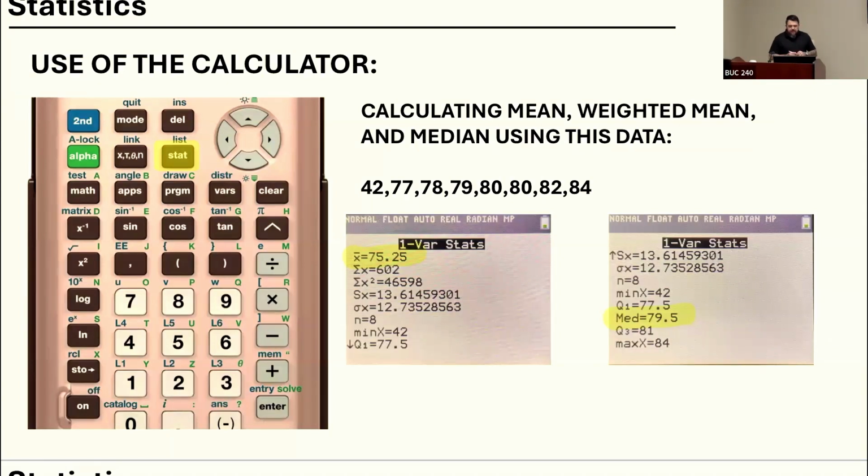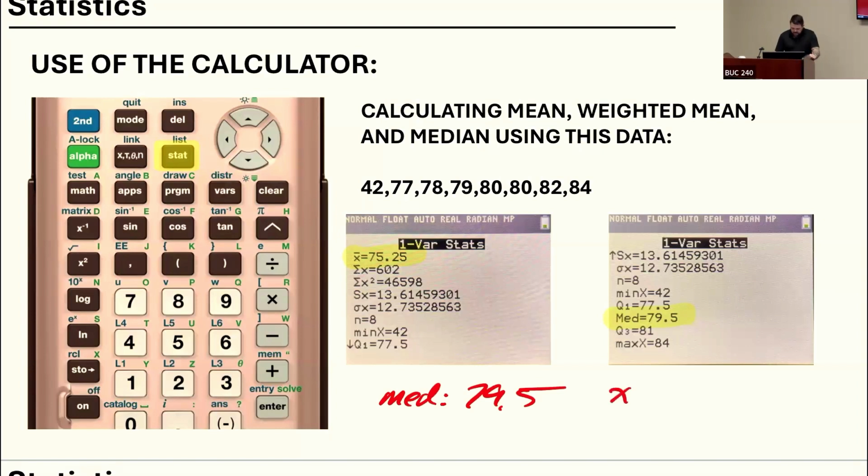Well, notice, did it give us a median? Yes. Our median is 79.5. Did it give us a mean? What's the mean? Exactly. Start using X bar. Instead of saying mean right now, say X bar.